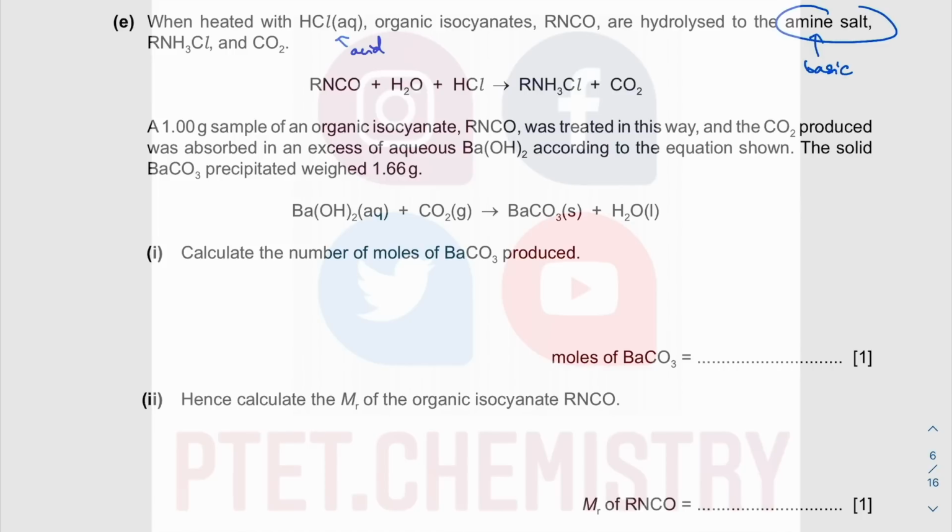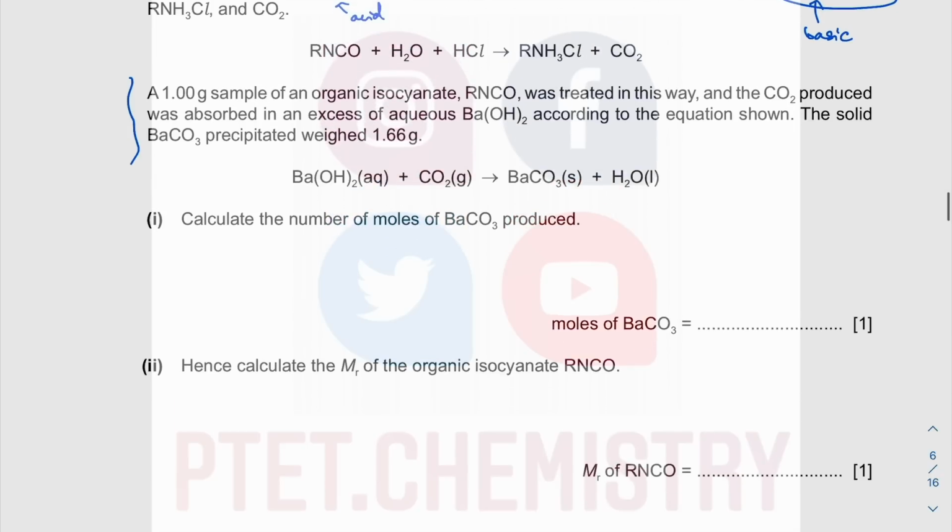This is the kind of mole calculation dealing with stoichiometry, which would have come out in AS, if not in A2, I guess. Here you get to do a bit of calculations. So the mole of the barium carbonate produced is a solid, so I can use mass over MR, which is 1.66 over the MR of barium carbonate. If I work out on the side, go straight to the periodic table, a good old friend, barium plus 1 carbon plus 16 times 3 is 197.3.